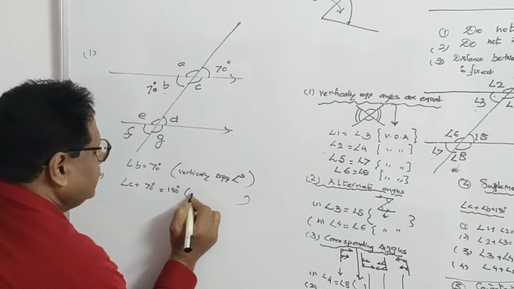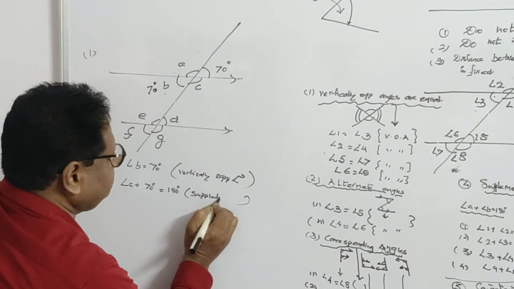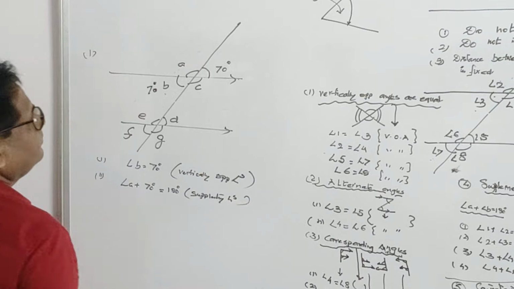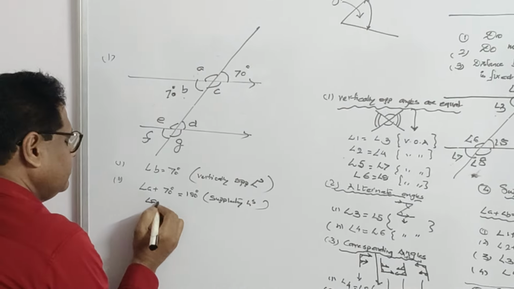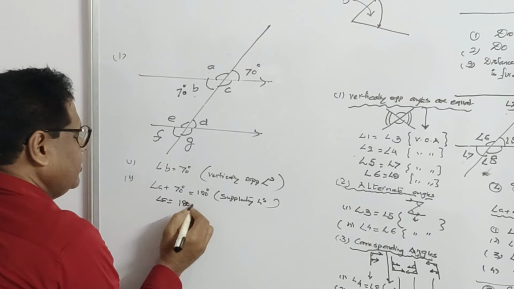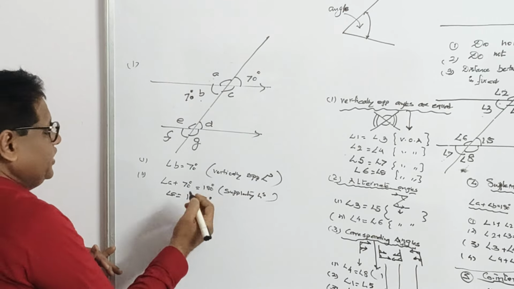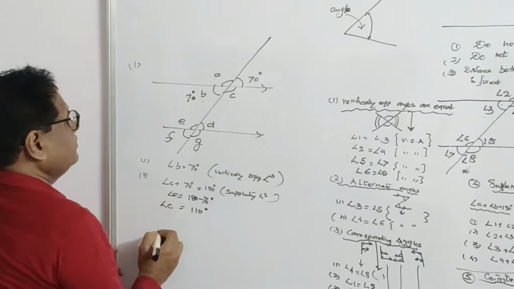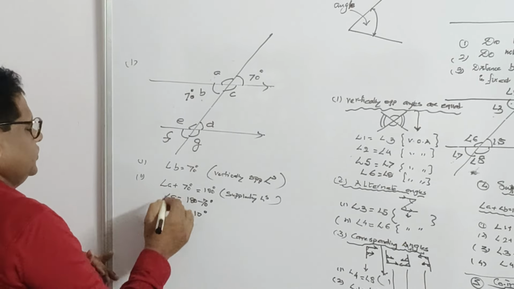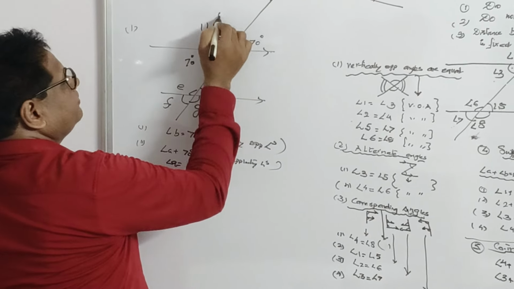Now the reason, supplementary angles. So A has now become 180 minus 70. This is a simple equation because plus becomes minus over here. So we are getting 110 degrees for angle A. So this is coming 110 degrees.